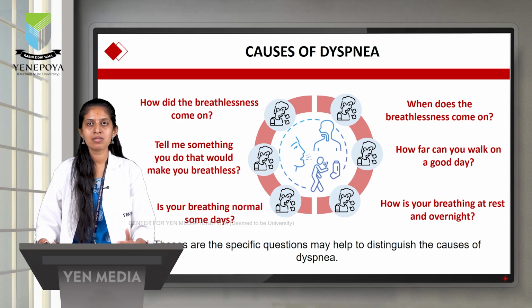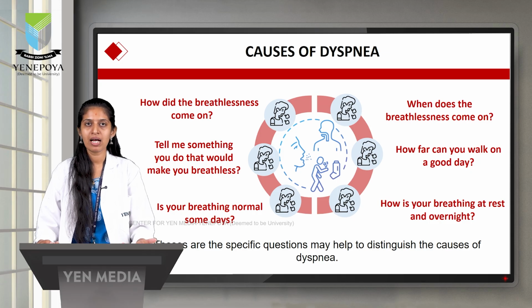So these are the specific questions that can be asked to rule out what exactly made the patient have breathlessness. The first question we can ask is, how did the breathlessness come on? Because breathlessness might come from a sudden onset of symptoms, or within hours or within days the patient might have breathlessness, or the patient might have an insidious onset of breathlessness.